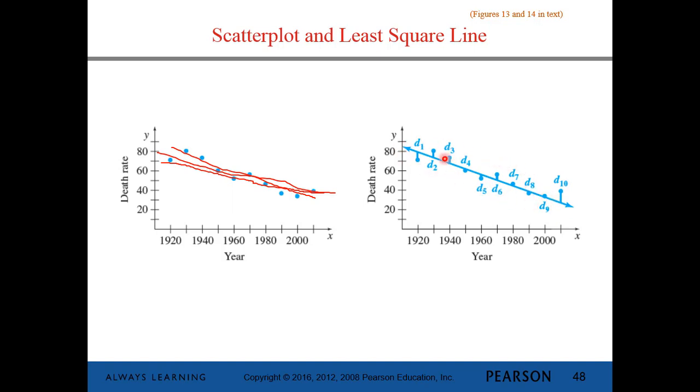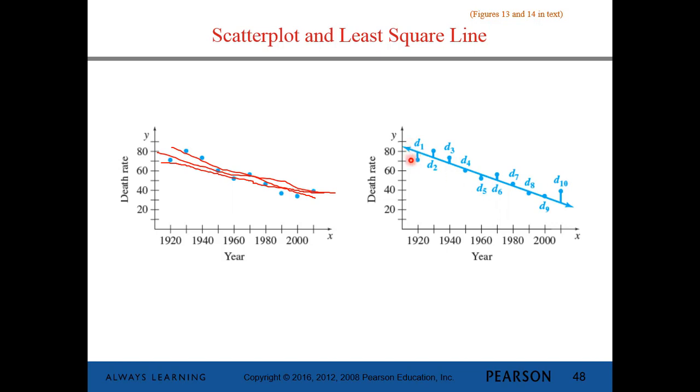We want the overall distances to be as small as possible. But as we move the line closer to this point, it's going to move further away from other points. So we want to figure out where to put the line so that the overall distance is minimized.